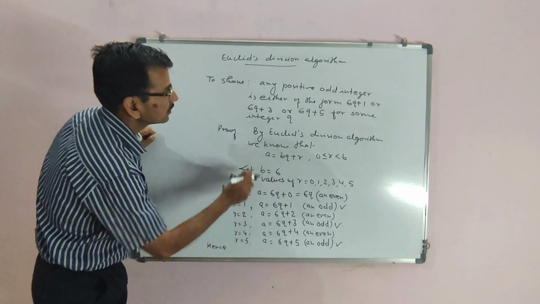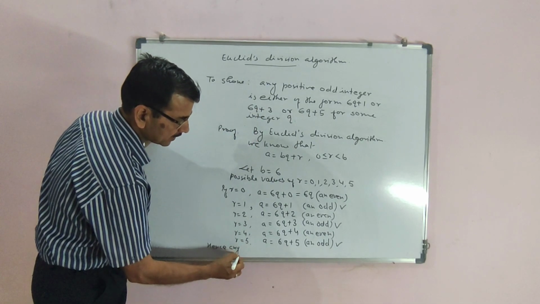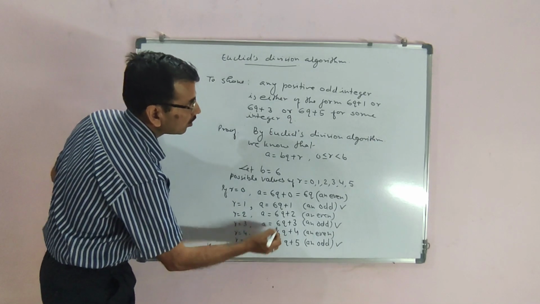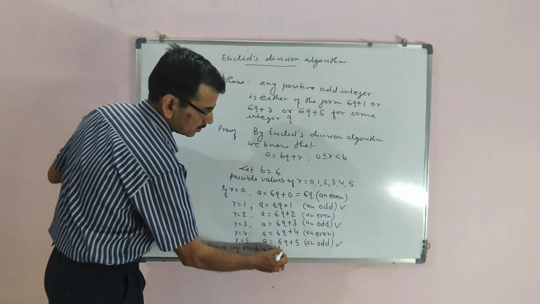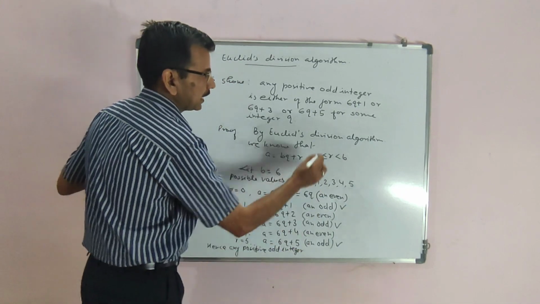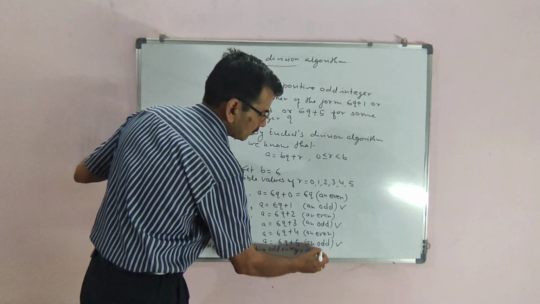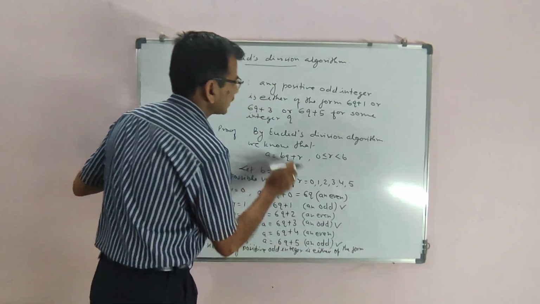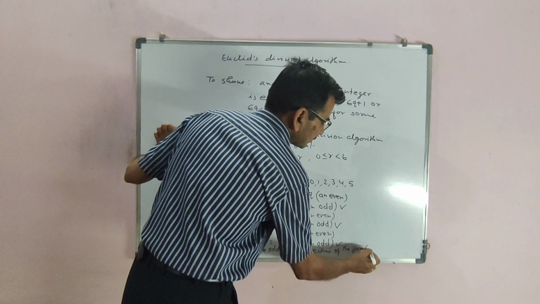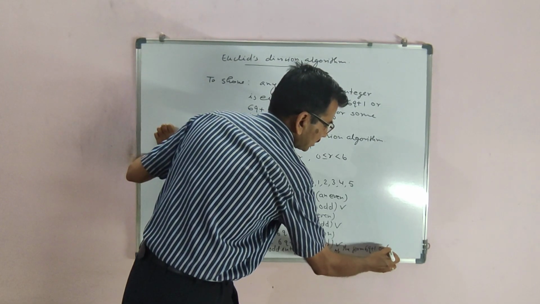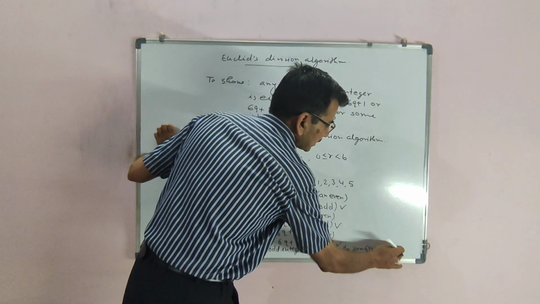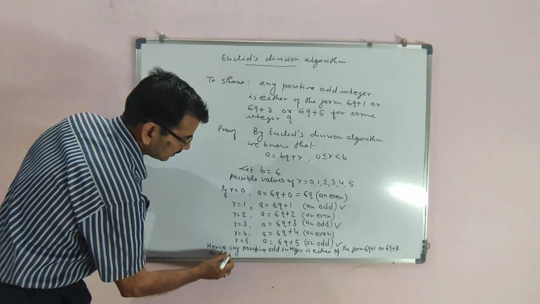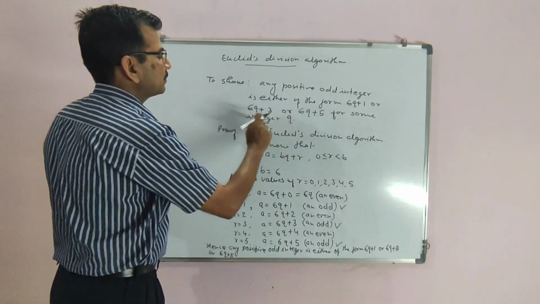Hence, any positive odd integer is either of the form 6q plus 1, or 6q plus 3, or 6q plus 5, for some integer q.